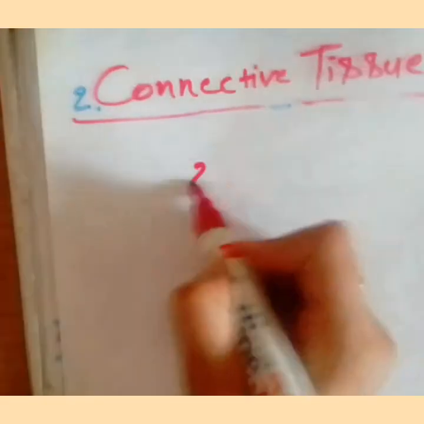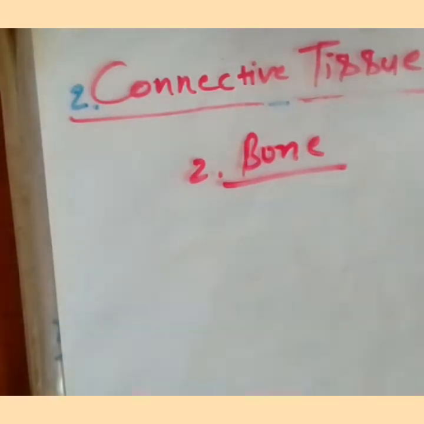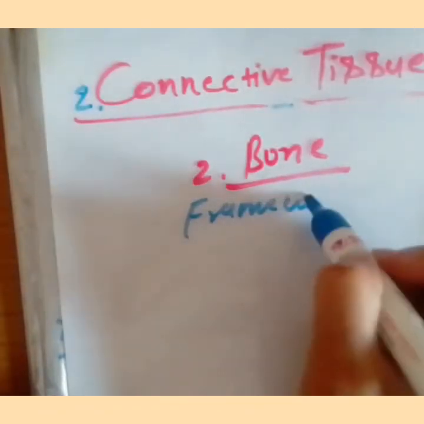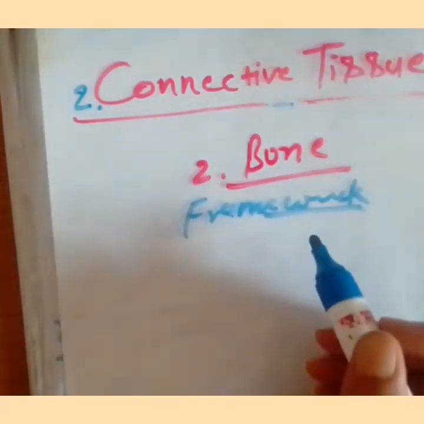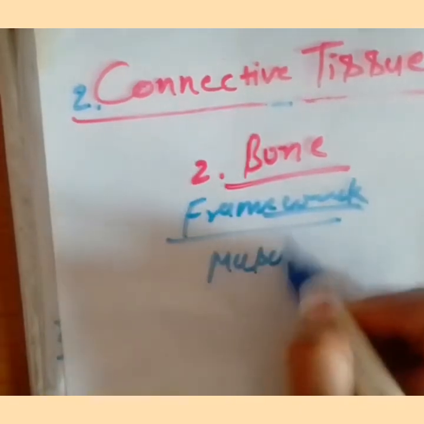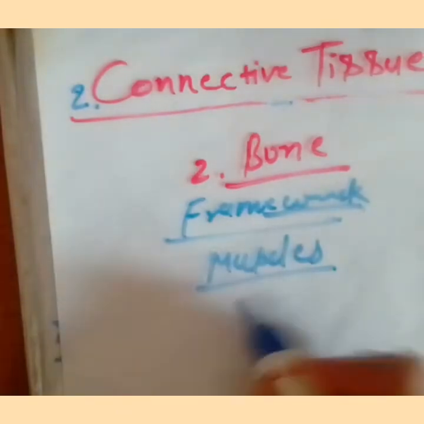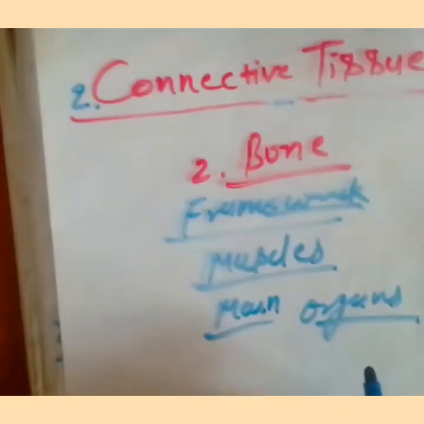Okay, now second one we will take, that is bone. Now bone, it is another type of connective tissue and it forms a rigid framework within the body, right? Here various muscles are attached with the bones and it provides support to muscles first, and also it supports the main organs of the body, right?